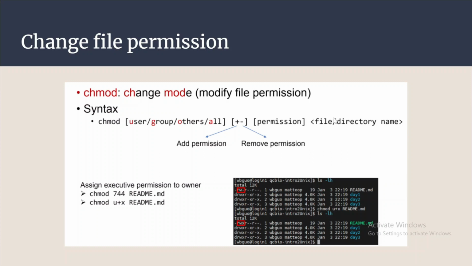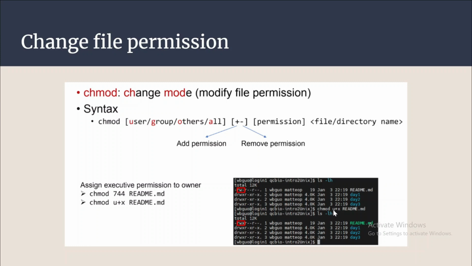For example, I want to give access to these files. This is a readme.md file, and here you can see the user has only read and write permission. I want to add execute permission also. So what I have to do is change the file permission. Here I'm using chmod.